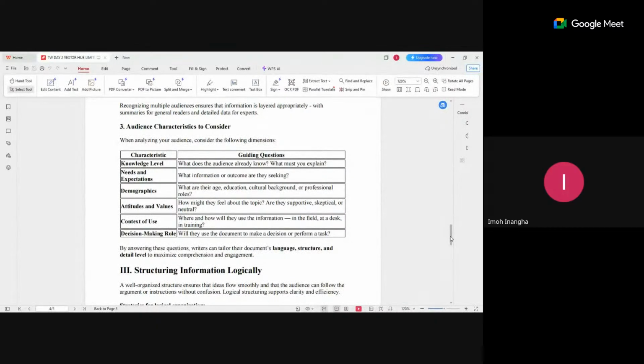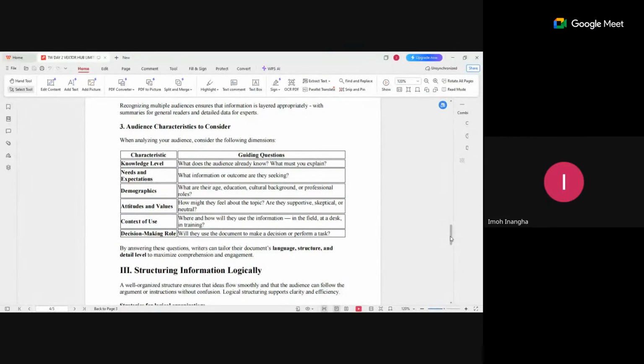What does the audience already know? What must you explain? Need and expectation. What information or outcome are they seeking? Demographics. What are their age, education, cultural background, or professional roles?